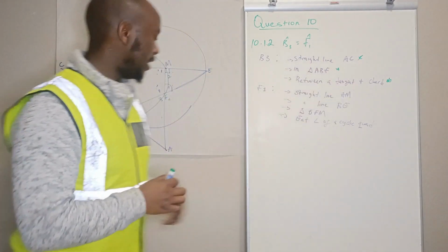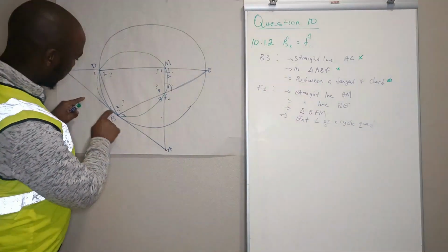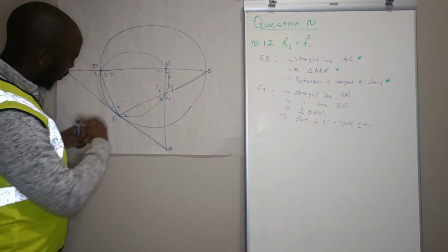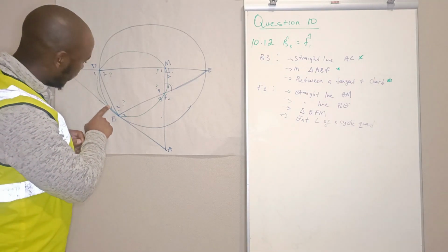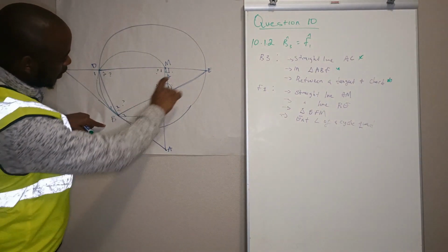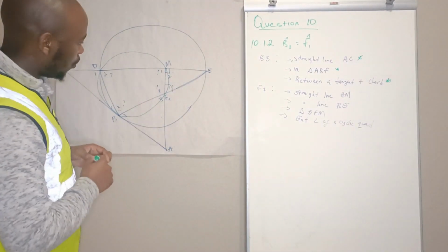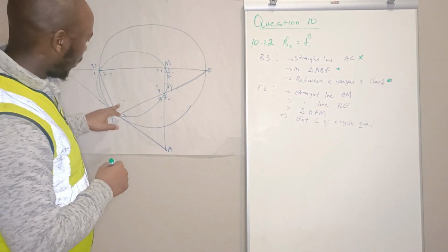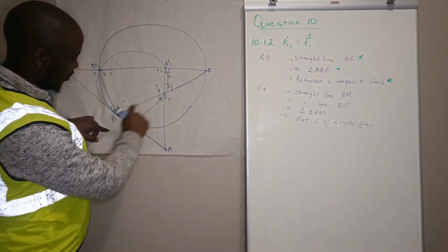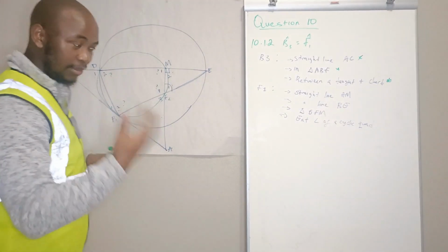So straight line AC usually has the angles B1, B2, and B3. We don't have the value of B1. We've just calculated or proven B2, that it is equal to this one. So if we can try and relate B3 using this to F1, that is a plus.